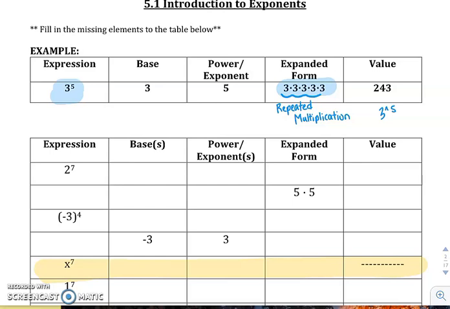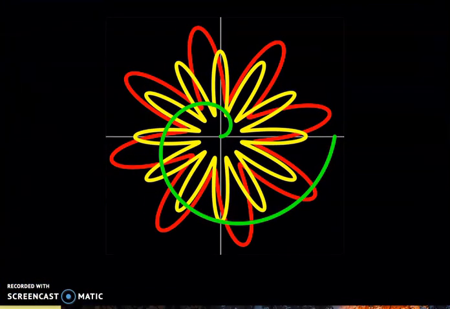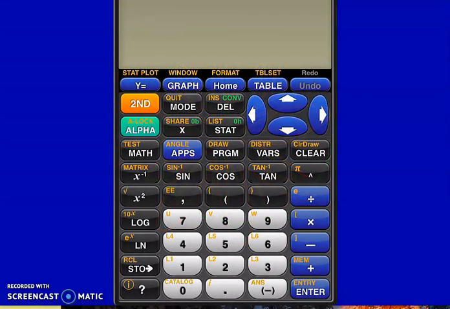Instead of sitting there and typing in all those 3's, you can also type it using the exponent button on the calculator. That's going to be that little caret button that you see right above the division sign. So instead of doing 3 times 3 times 3 times 3 times 3, which is fine, you are more than welcome to do that, but sometimes it gets a little repetitive.